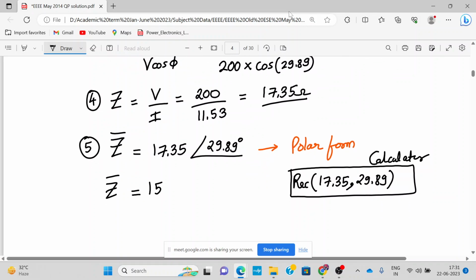How much? 15.04 plus j 8.65 ohms. Just cross check. Yes or no? Yes. Okay.